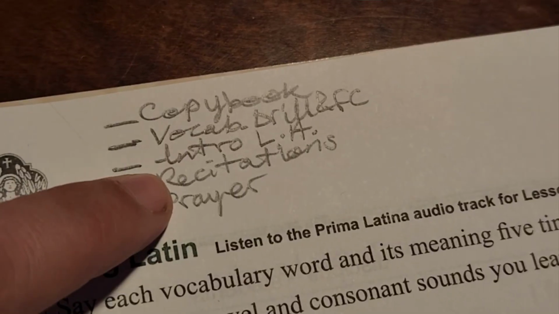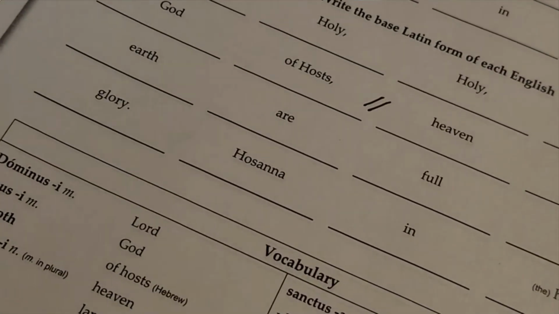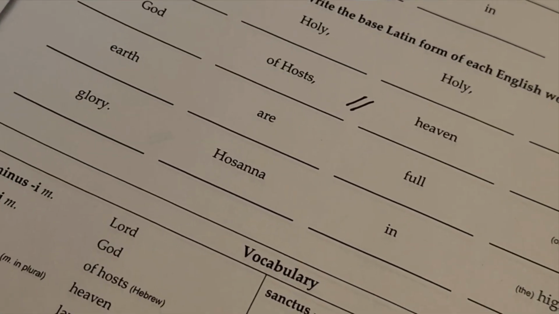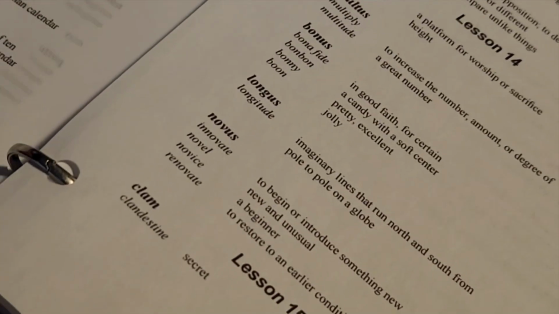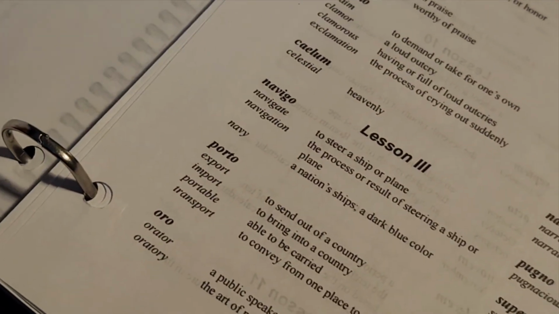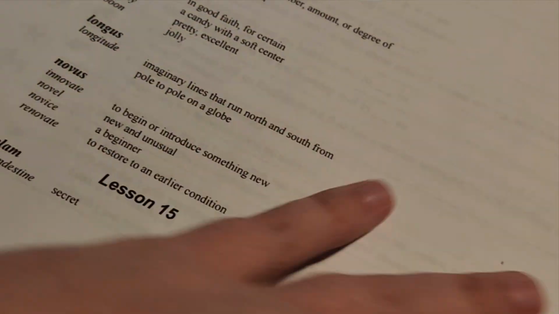Okay, so there's recitation. I didn't do that yet, which is basically somewhere in here I have a file of all the recitation stuff. Those are derivatives, which I don't care for. I don't know where the recitation thing is.